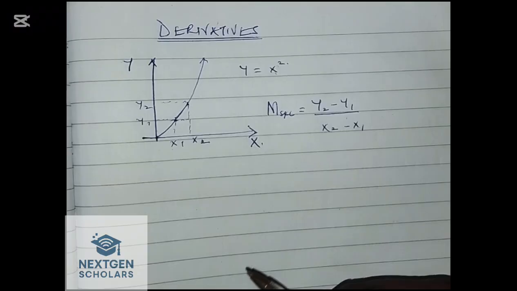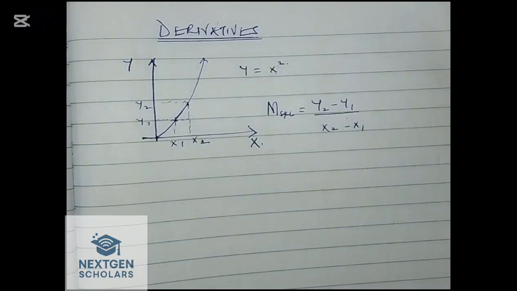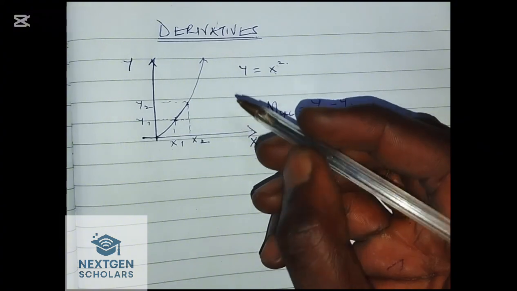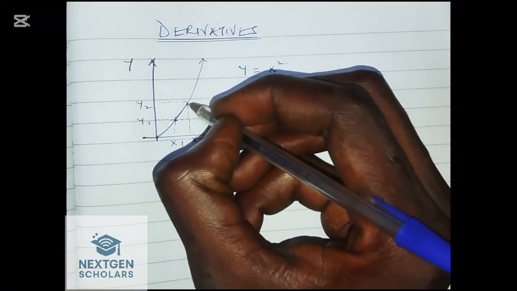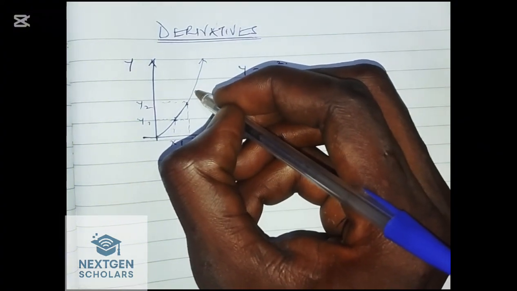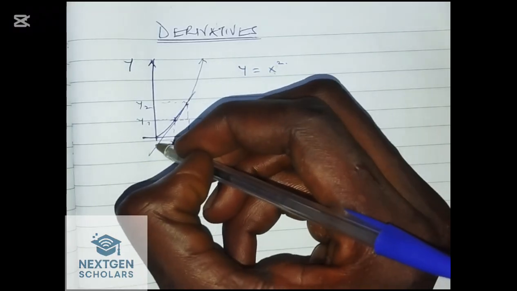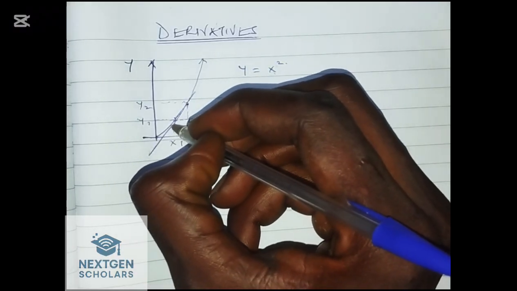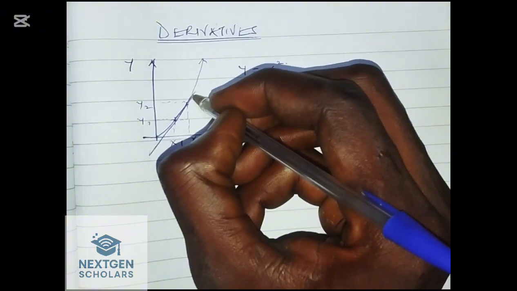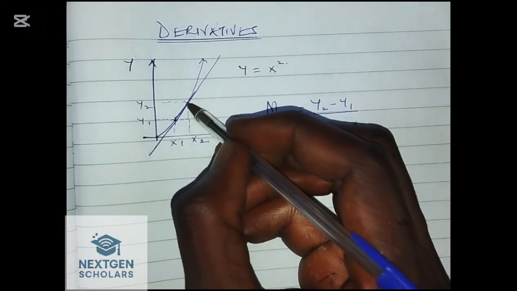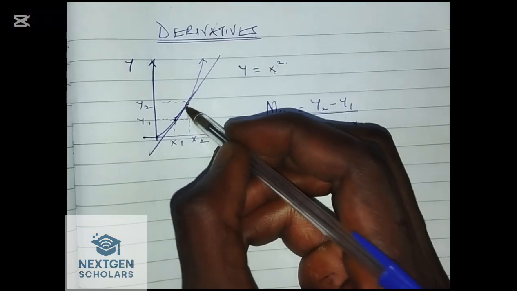This is because we have 2 points touching this line. What is a tangent line? A tangent line is a line that touches this curve at exactly 1 point. That is, I can have my point like this, and I will have my tangent line like this, not touching any other point except this one. This is my tangent line, and these are my secant points.